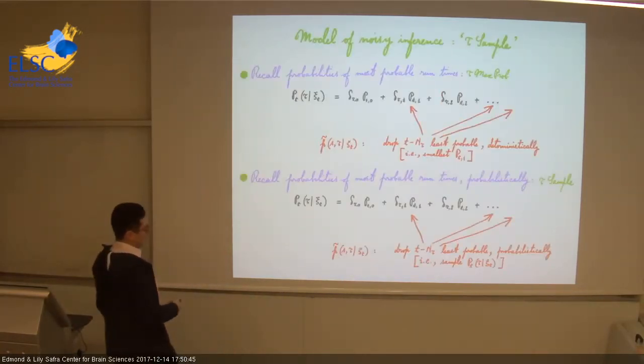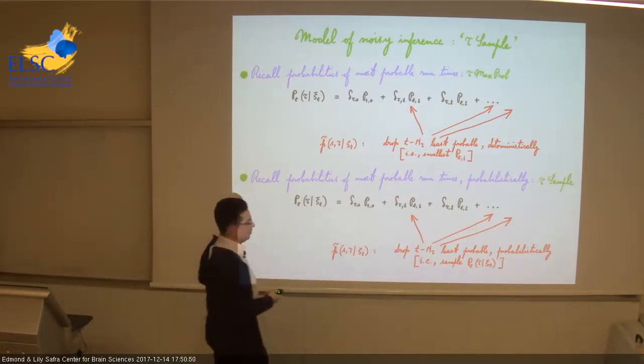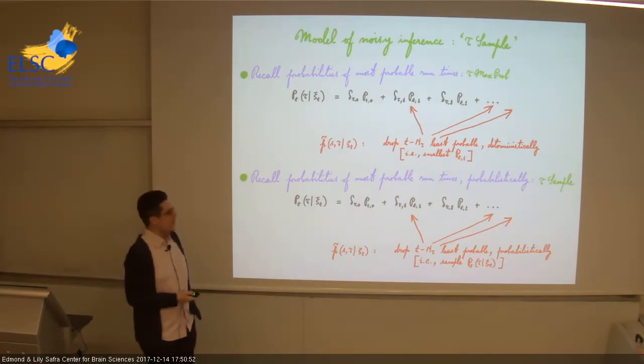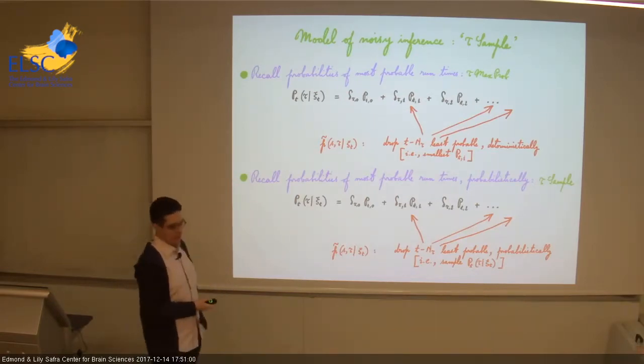And one thing that seemed natural to us, and that goes back a little to Chaim's question about the choice of this truncation, is to say, well, maybe people don't truncate the history in a deterministic way, but they sample over the most likely histories.